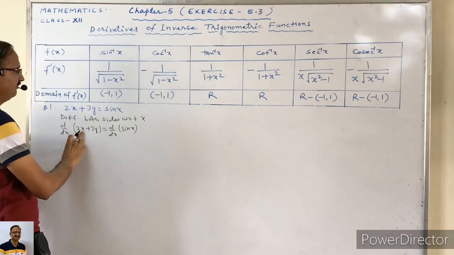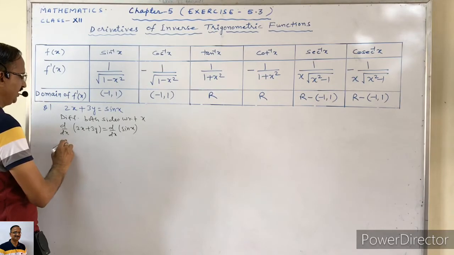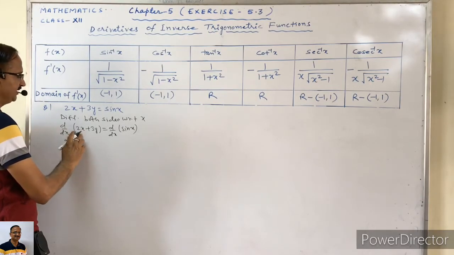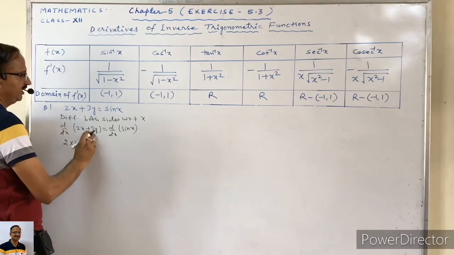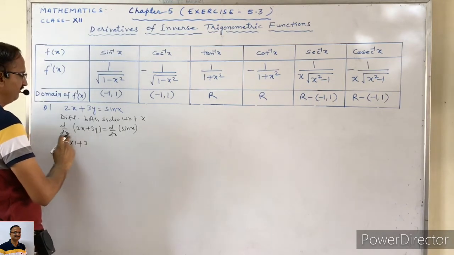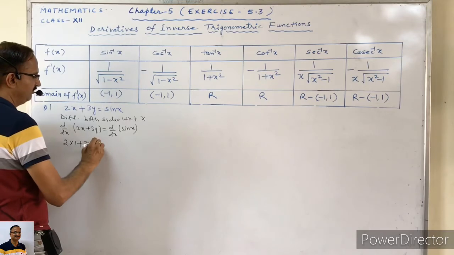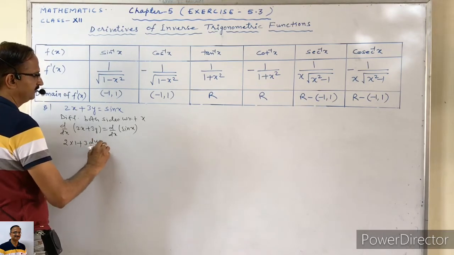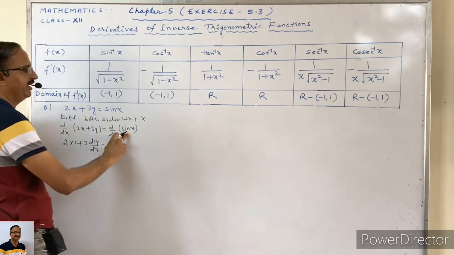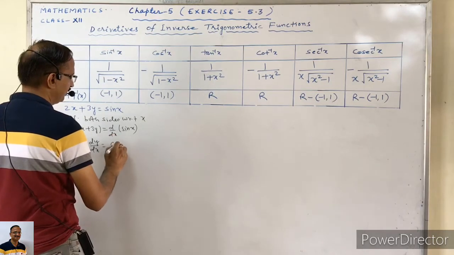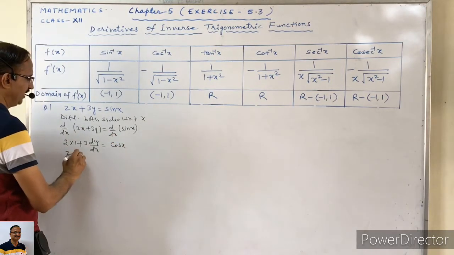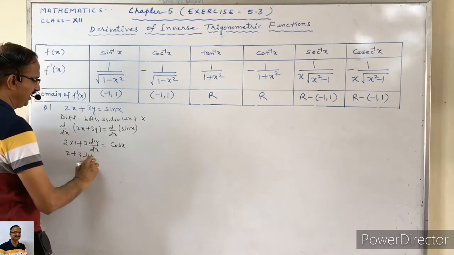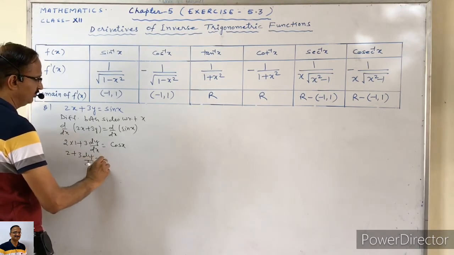The derivative of 2x, 2 is constant and the derivative of x is 1. Now 3 is constant and the derivative of y with respect to x is dy by dx. Now the derivative of sin x is cos x. Now this is 2 plus 3 dy by dx equals cos x.